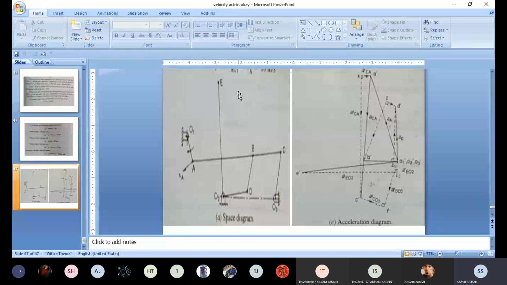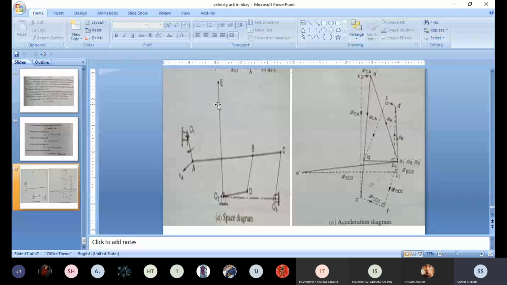Now the last link, the O2E link, is remaining. We have two options to find O2E because it's a lever mechanism, a bell crank lever. As we know very well, when we talk about the lever mechanism, it is 90 degrees if it is a bell crank lever.